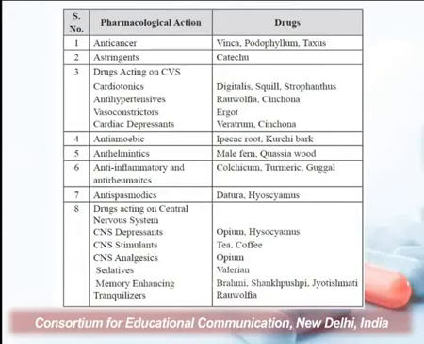Similarly, there are drugs that act on the central nervous system, and since they have different actions, they can be further categorized depending upon their activity. So drugs like opium and hyoscyamus are categorized under CNS depressants, and tea and coffee are categorized under CNS stimulants. Brahmi, Shankhpushpi, Jyotishmati are categorized as memory enhancing drugs, and for tranquilizers, the example is Rauwolfia.